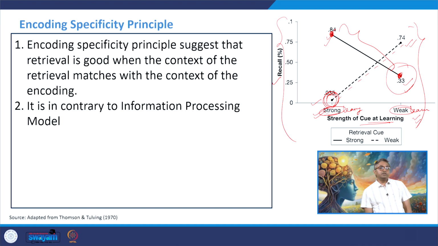When we talk about the retrieval process, we see that it is very much contrary to the information processing model. The information processing model is a very simple model: the sensory information is there, then the perceptual processes, then the response, and the attentional system is there throughout.